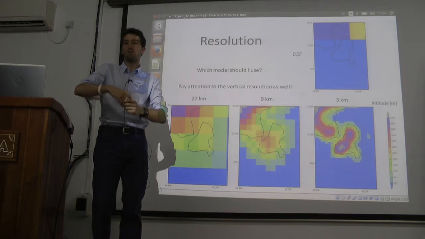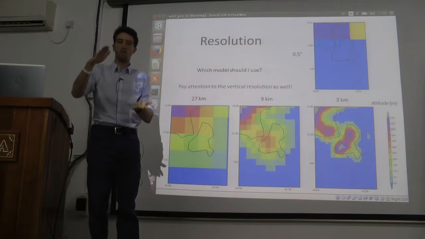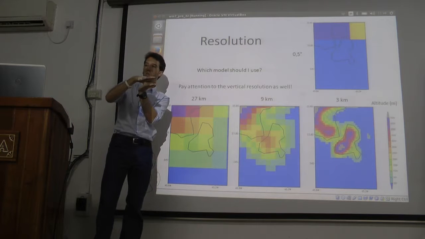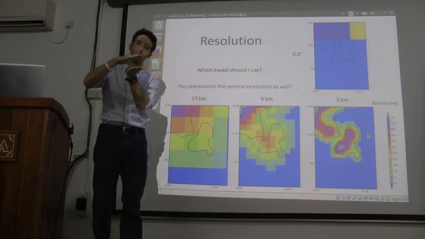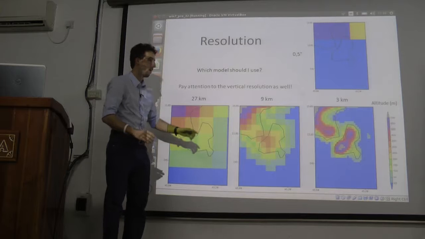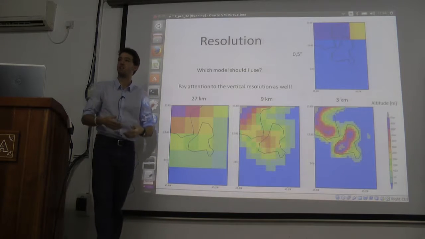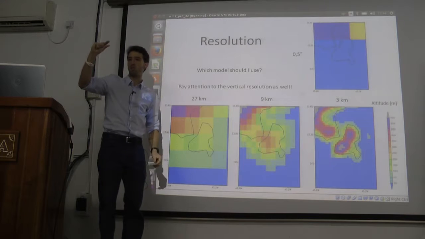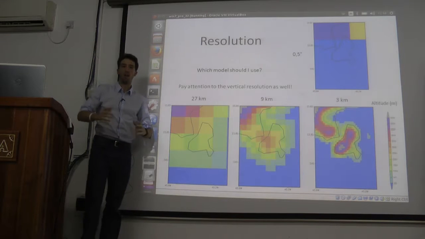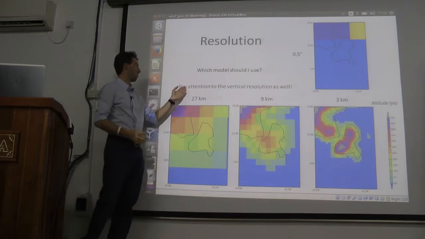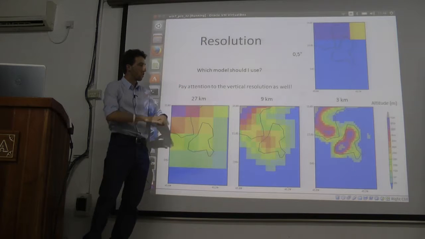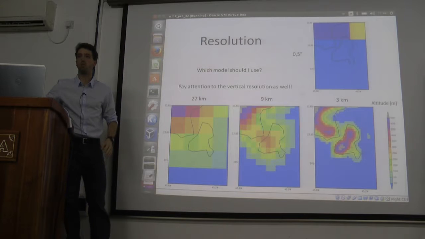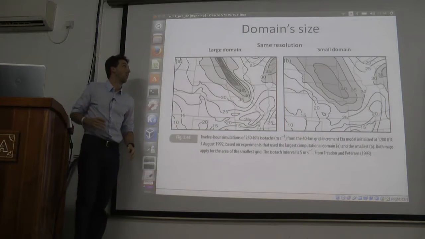And if you put a lot of levels, near the surface one level can be too close to the other, and then you create some problems. You get the problem that your grid box is too small, and many things can happen. So horizontal resolution and vertical resolution are something you have to take care of when modeling.